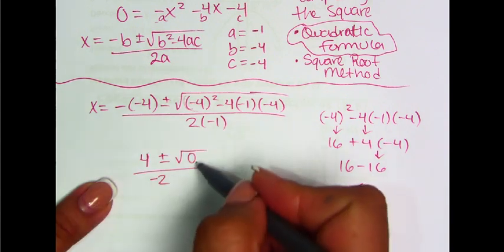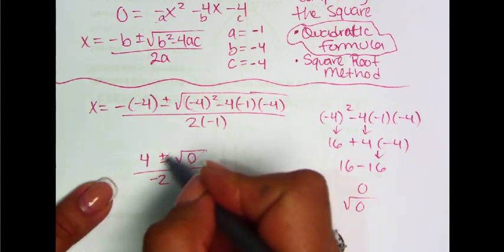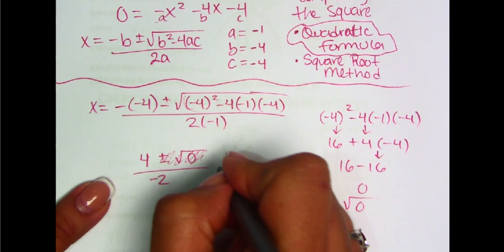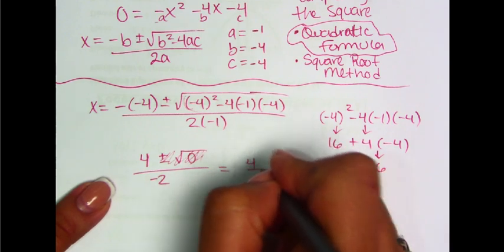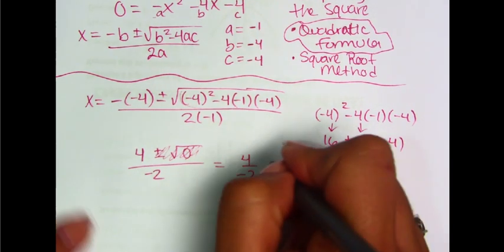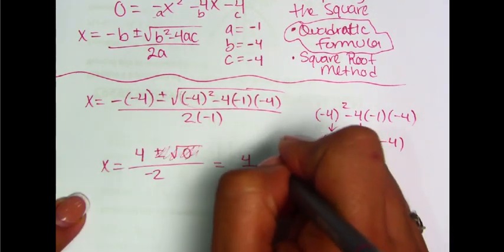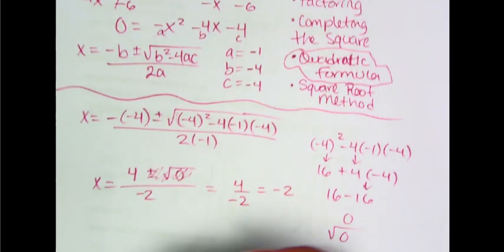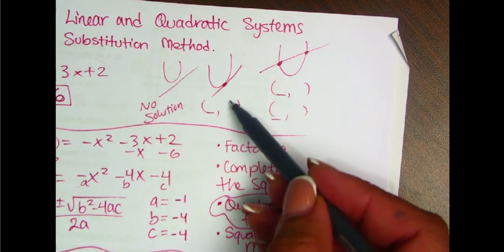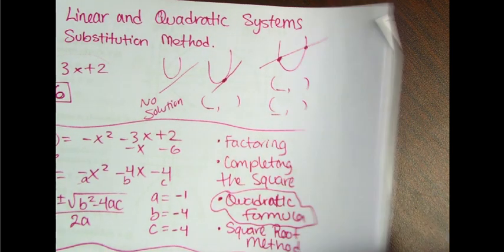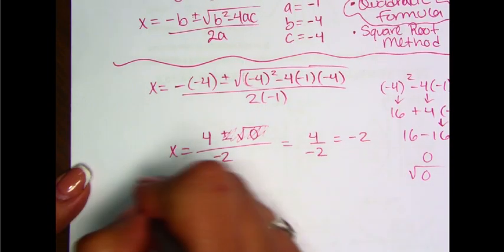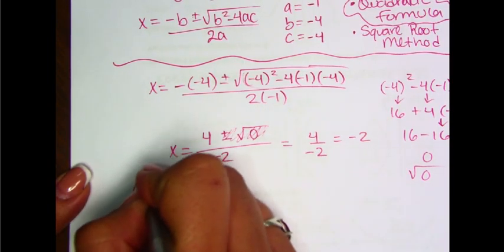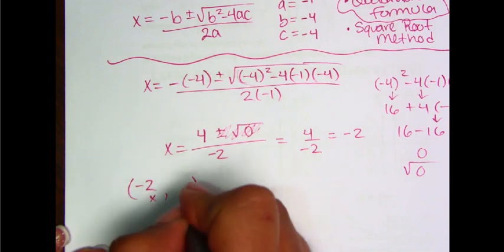Once again, the square root of 0 is nothing, so we just need to look at 4 over negative 2. That means our x is equal to negative 2, so we have the scenario of only one value, and our solution has negative 2 as its x value.